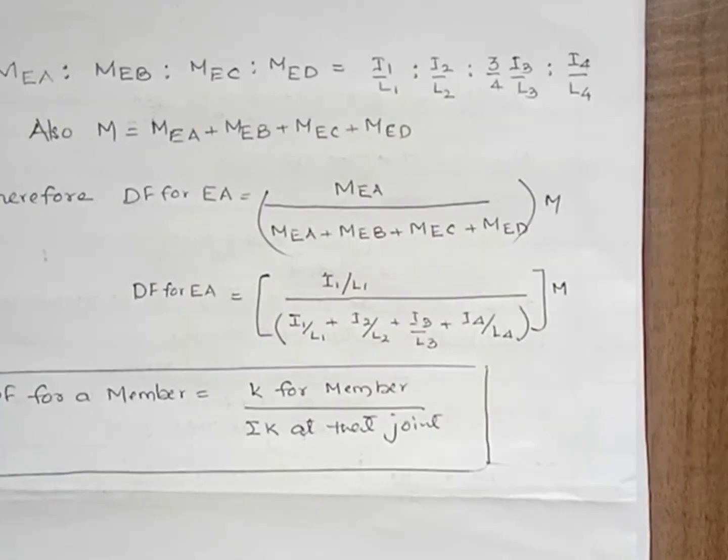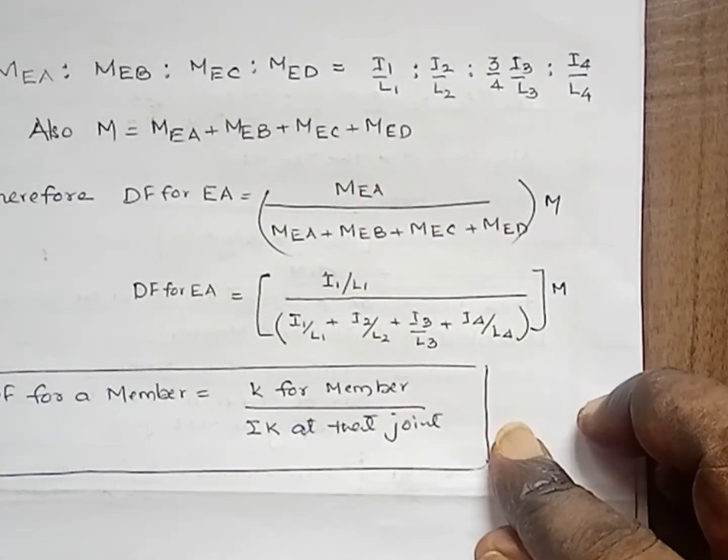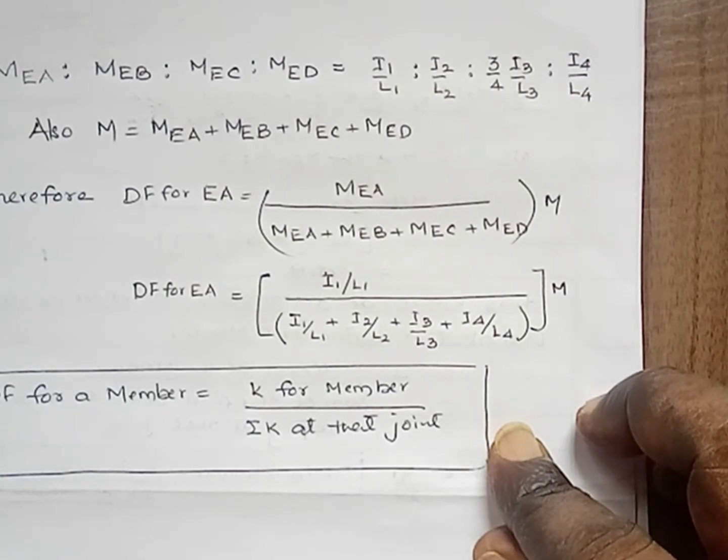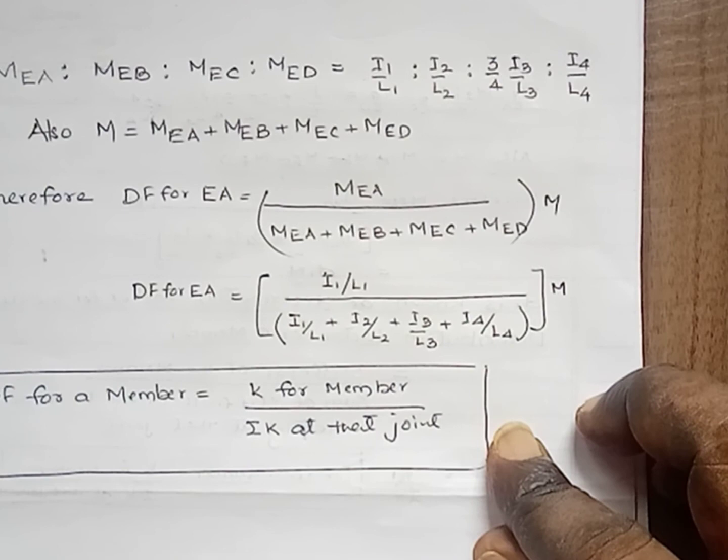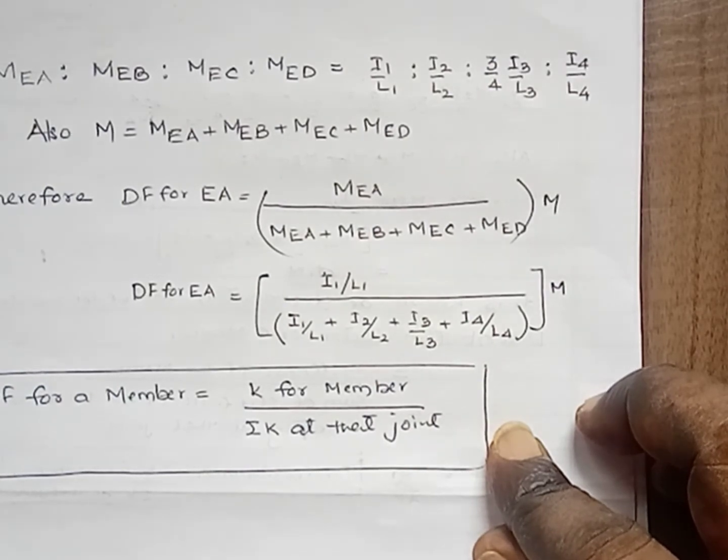This is regarding the distribution factor. First we have to calculate the relative stiffness, and then we have to calculate the distribution factor for each member at the joints. Then you have to continue the problem.